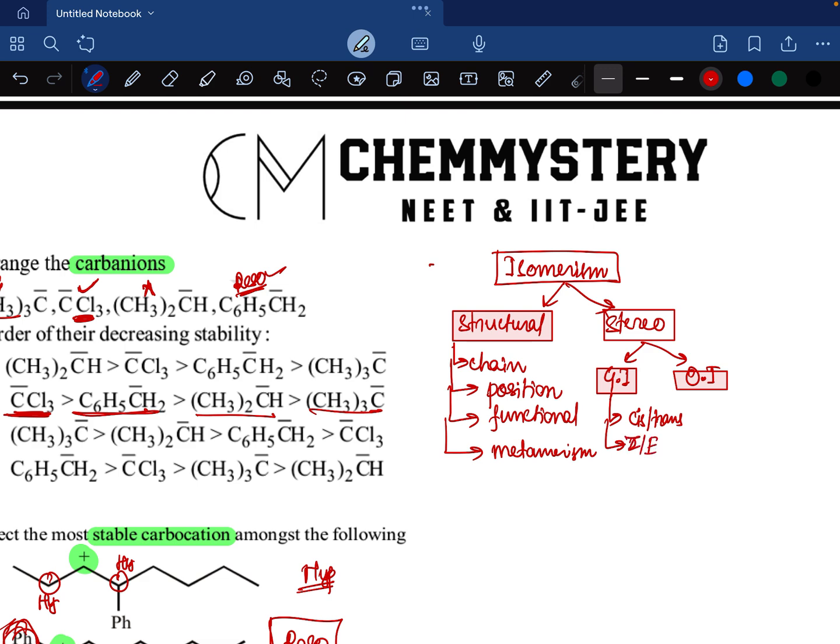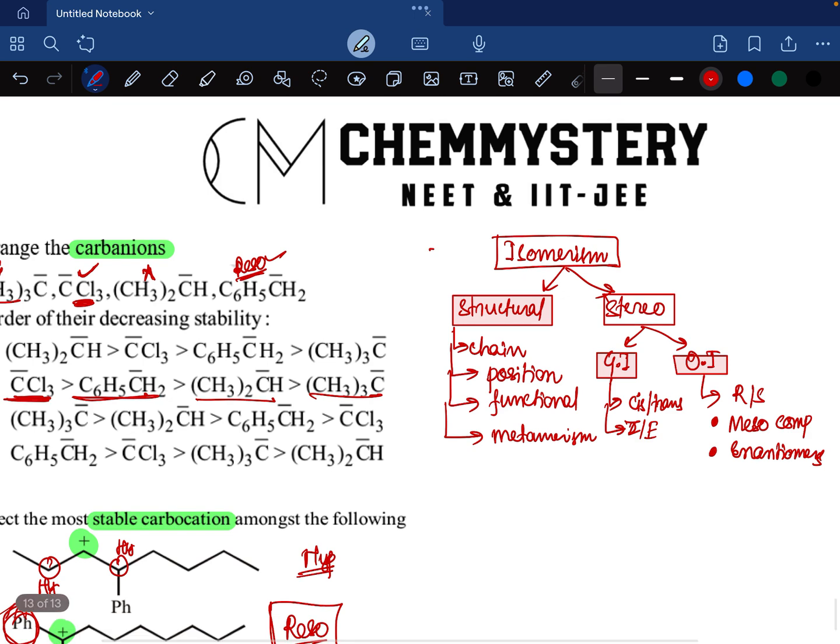In optical, RS type of configuration questions we have seen. We have seen meso compounds, and we have seen what enantiomers are. So all these things we have covered in our question discussion. Done. These are the things that we have covered from isomerism.